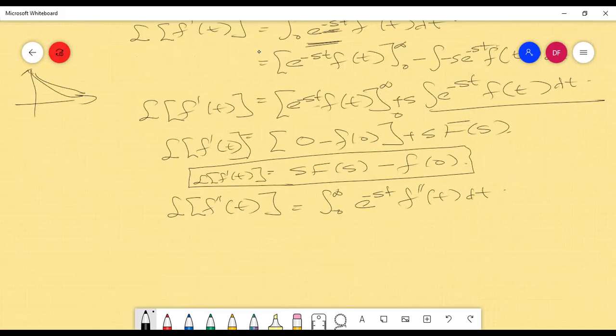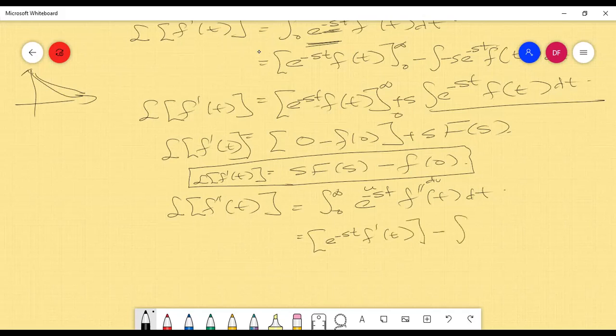So the integral here now, again, this is my u, this is my dv. This is going to be equal to u v minus the integral of v du. So now dv is f double prime of t, so v would be f prime of t.